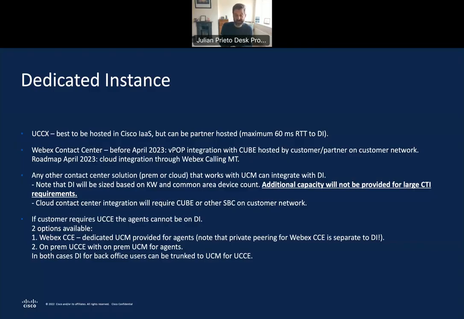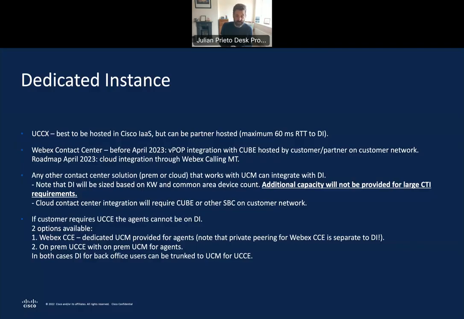In this case, the agents would be on the dedicated UCM that is provided as part of WebEx CCE. Note that the private peering for WebEx CCE at the moment is separate to DI.